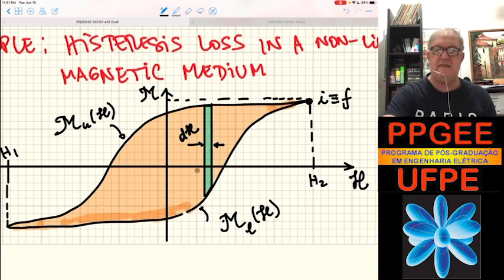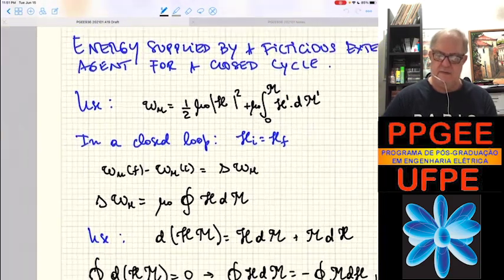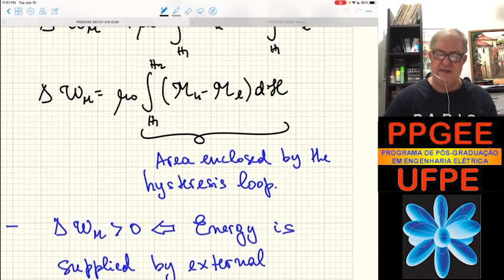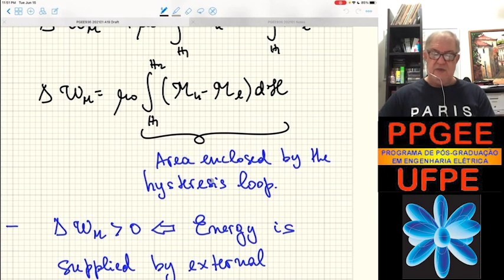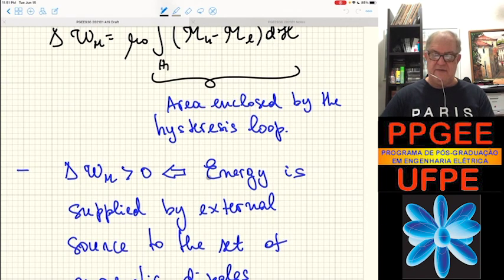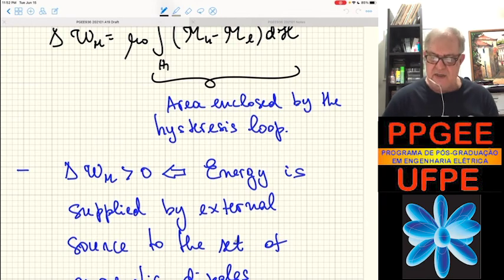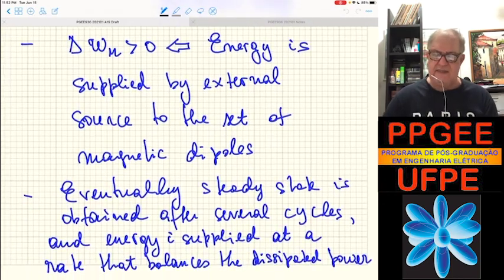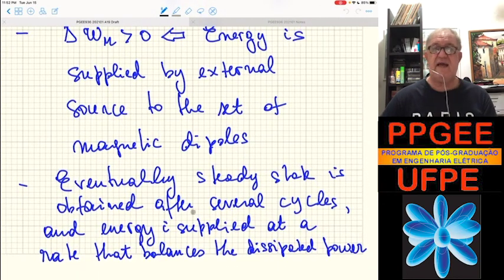So it means that the total energy change is proportional, as I just demonstrated to you, to the area enclosed by the hysteresis loop. If this energy density change is positive, the energy is supplied by the external source or the fictitious agent to the set of magnetic dipoles in the material, and eventually steady state is obtained after several cycles.